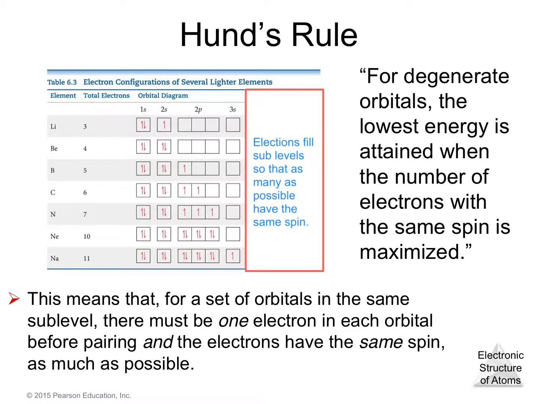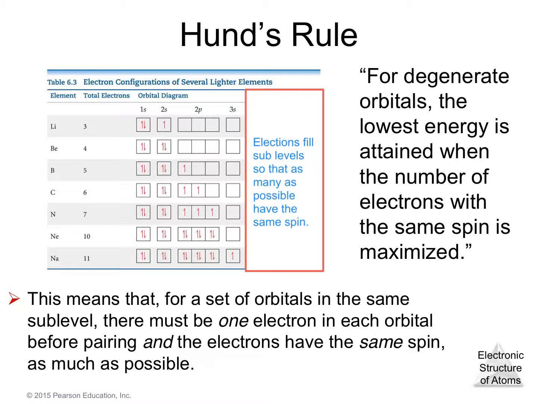Another rule that dictates how electrons fill orbitals is called Hund's rule. The formal version of Hund's rule says this: for degenerate orbitals, orbitals that have the same amount of energy, the lowest energy is attained when the number of electrons with the same spin is maximized. What that means is that electrons are going to fill sublevels so that as many as possible have the same spin.